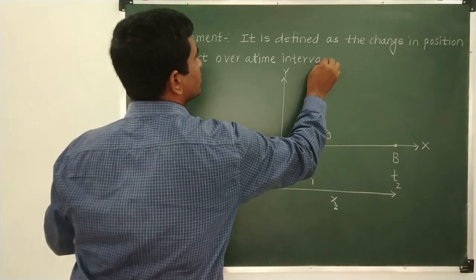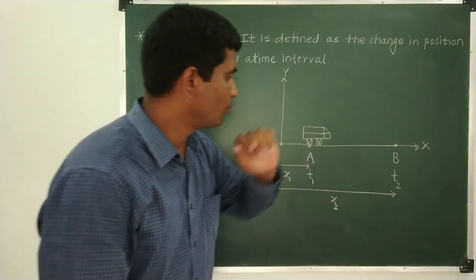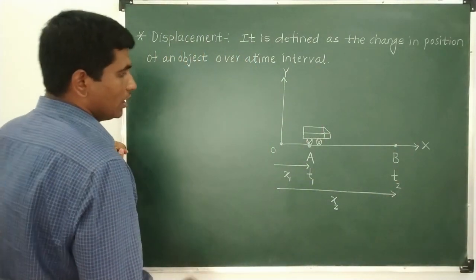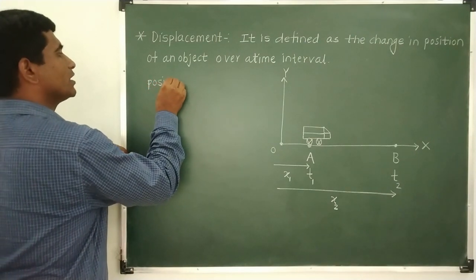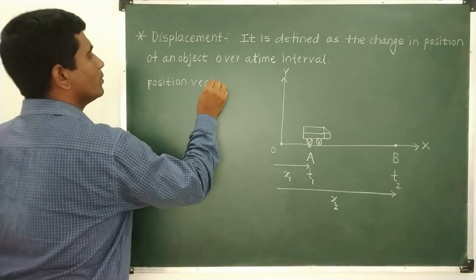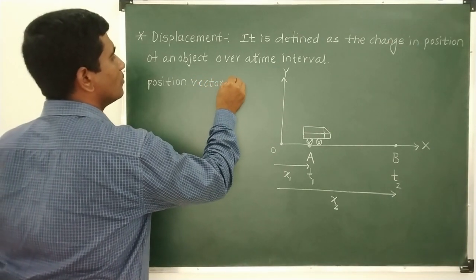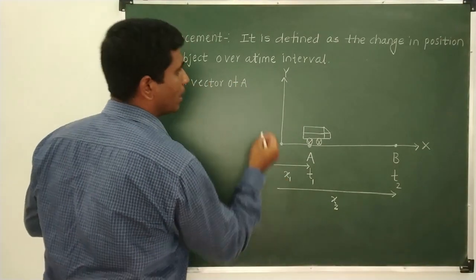Here in this case, we have considered an example of a car which is moving from point A to point B. So, first of all, I will ask you a simple question. What is the position vector of point A? It is x1 bar.